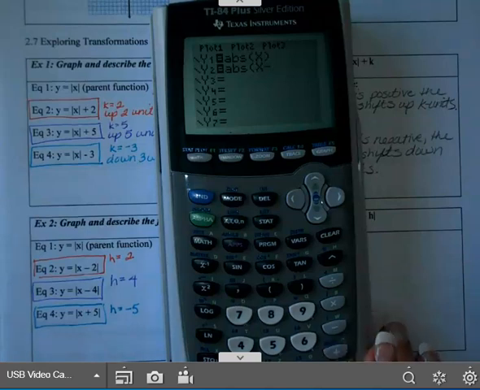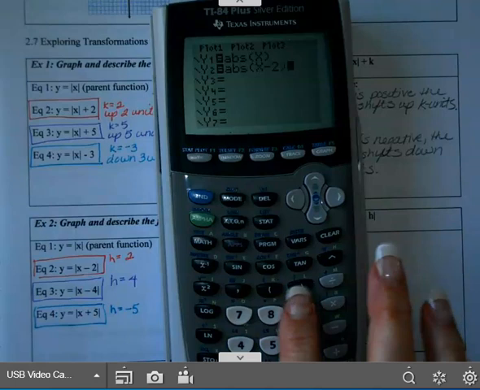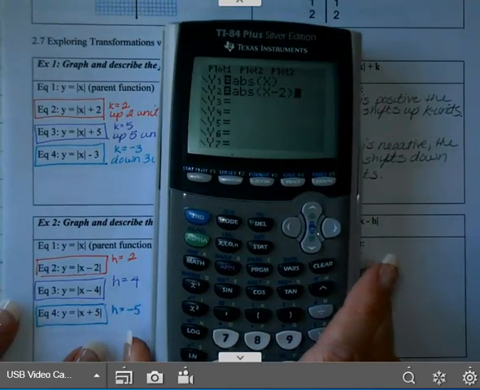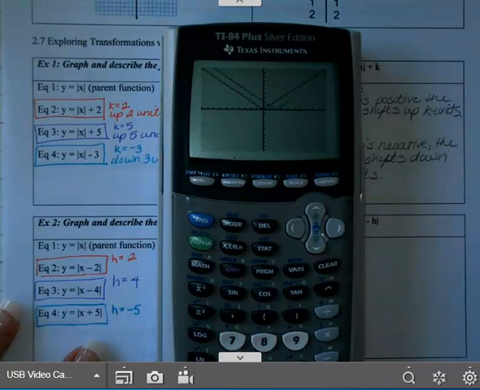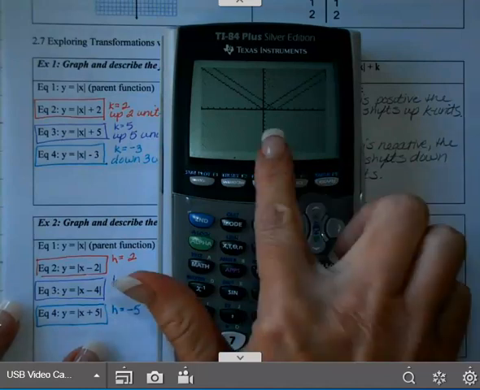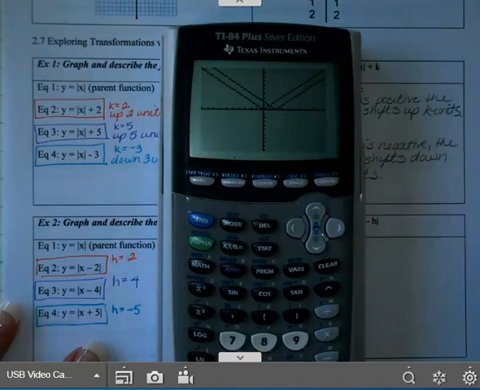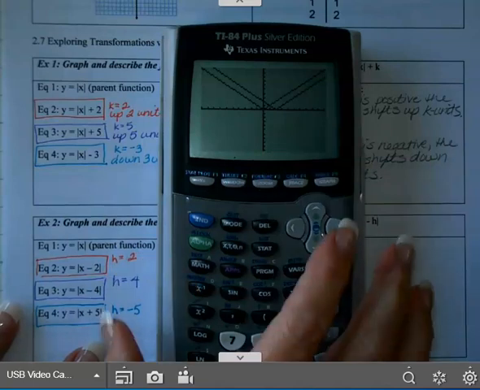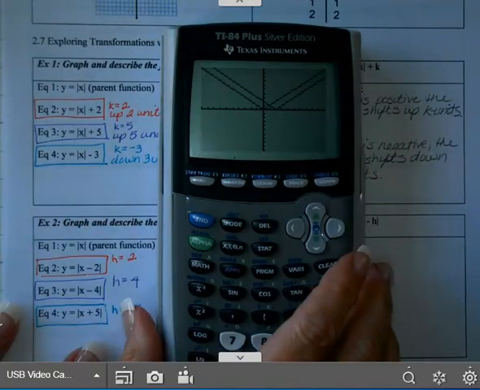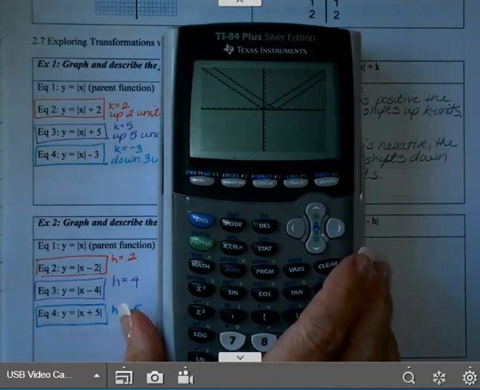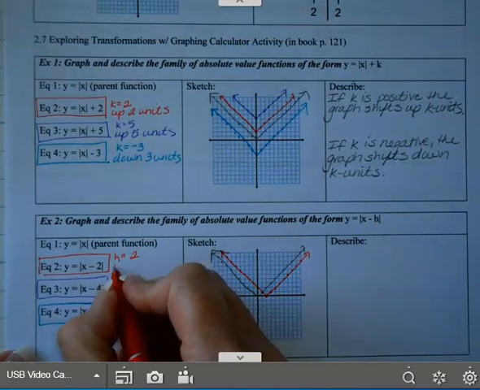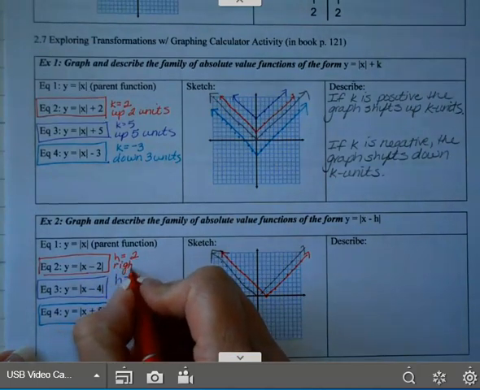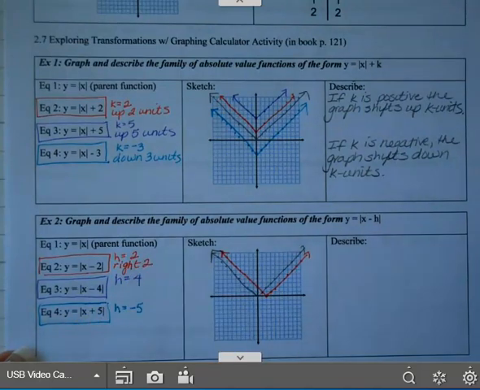We're subtracting 2 in your parentheses. And when I graph that, my parent function, notice, shifts right 2 units. So let's go ahead and graph that on our paper. Again, you can pause this while you graph these. H is 2, moved our graph right 2 units.